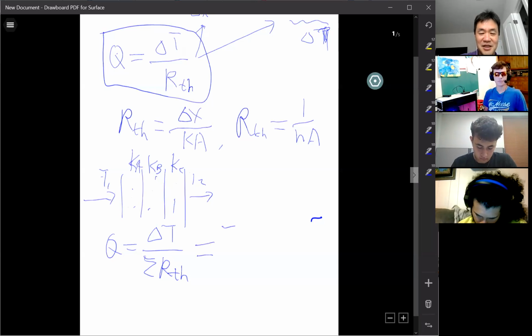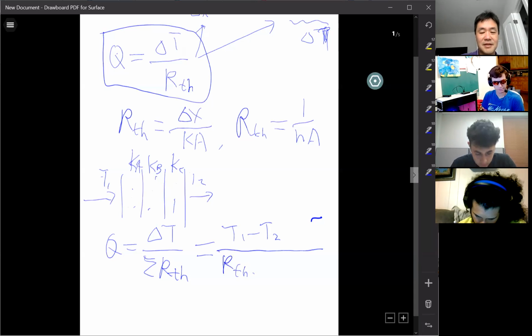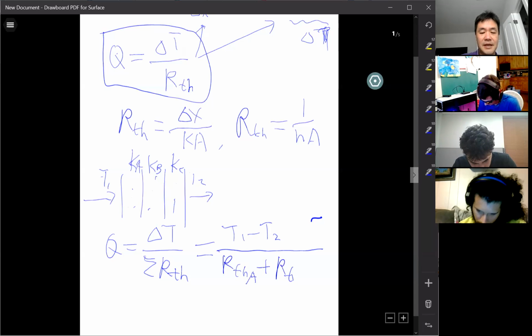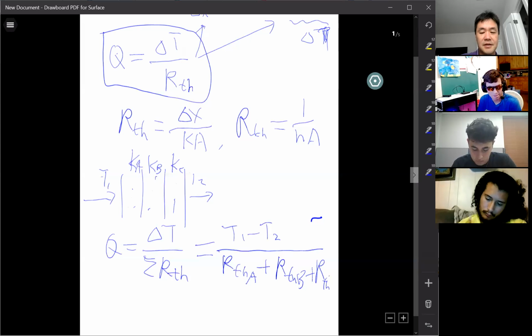It's T1 minus T2. Be careful, always higher temperature minus lower temperature now. So it will be the thermal resistance of A plus the thermal resistance of B plus R thermal of C.